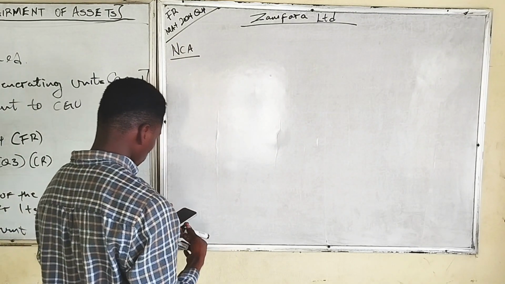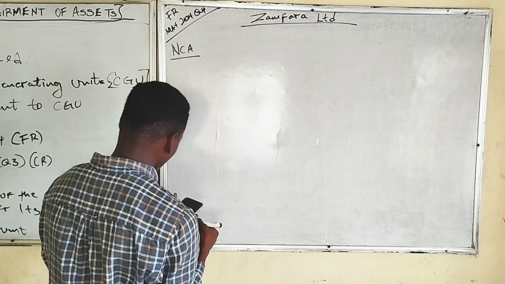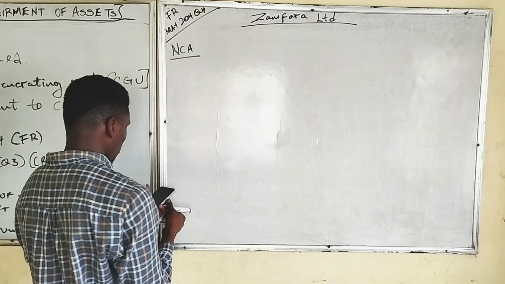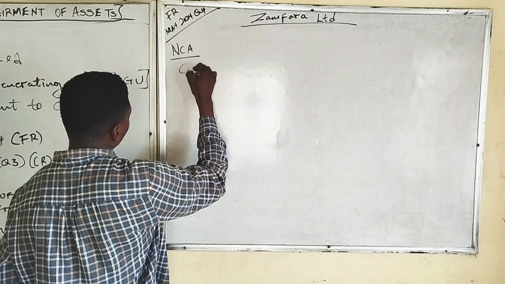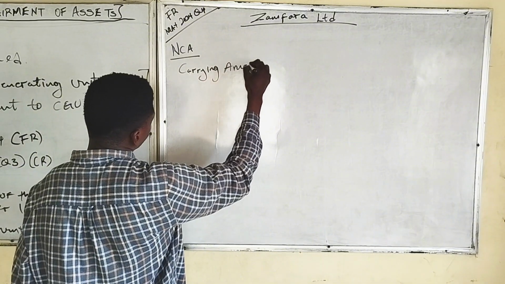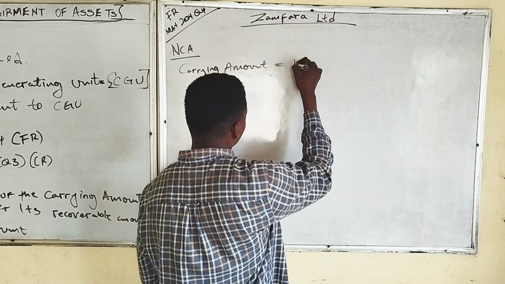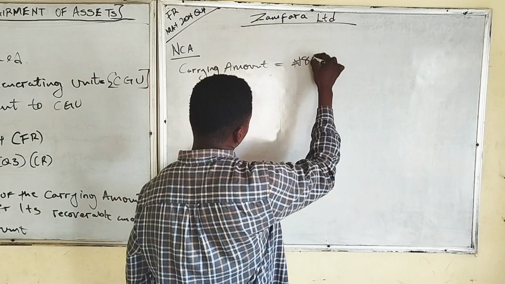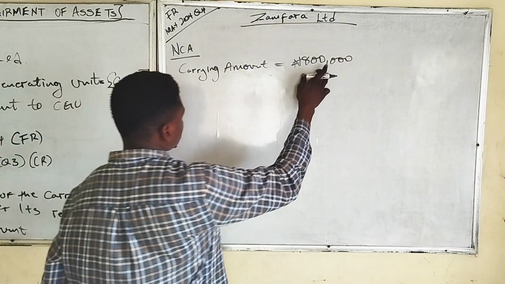In short, a non-current asset in the statement of financial position of Zamfara Limited at the beginning of the financial year had a carrying amount of, so there's a carrying amount on this non-current asset, 800,000.